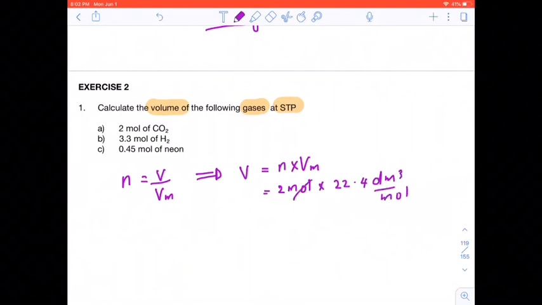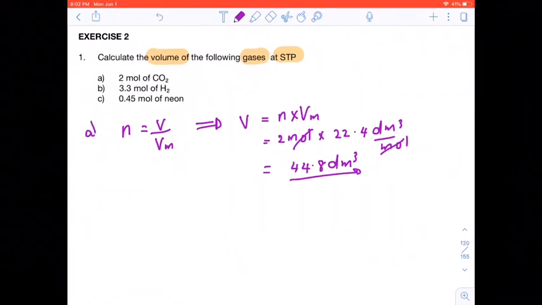Mole cancels out, therefore the volume is 44.8 dm³. All right, that's A. Let's look at B.